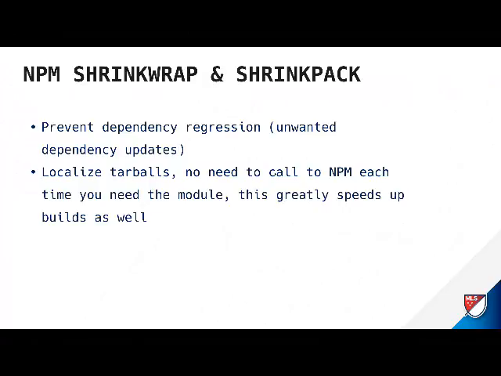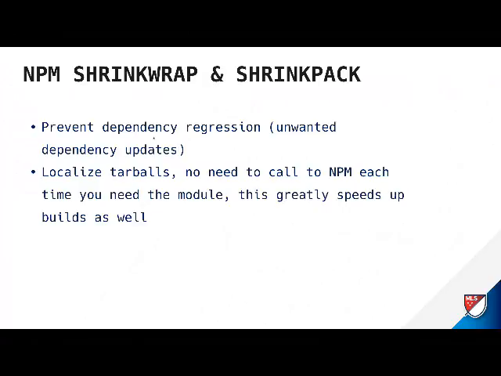So what SHRINKPACK does is it says, all right, we're going to do it a little bit differently. We're going to pull down the tarred version, the bundled up version, and just put that into a folder and save that. So instead of expanding it out into the folder and then committing hundreds of files for each dependency, you just end up with a single new file added.